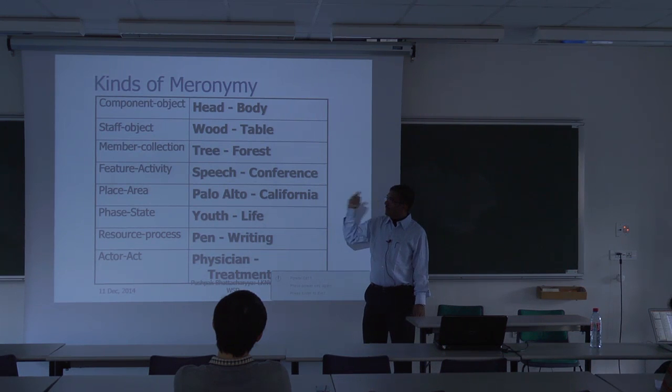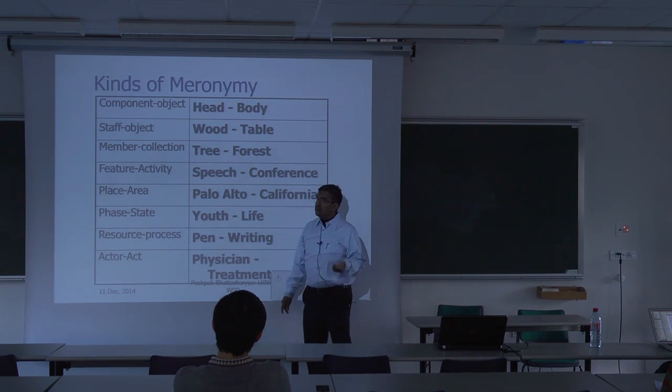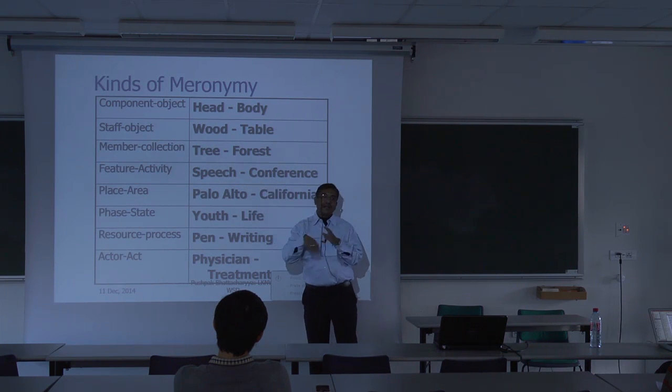So for example, a handle is part of a door, a door is part of a room, but it will be strange to say a handle is a part of the room. That is because these two meronymies are of two different kinds. And why do we bother? We bother because inferencing, question answering, they need to worry about this kind of fine grained meronymy.